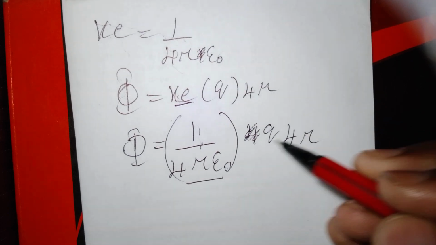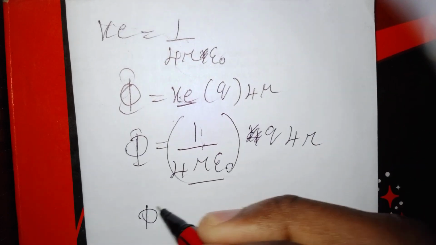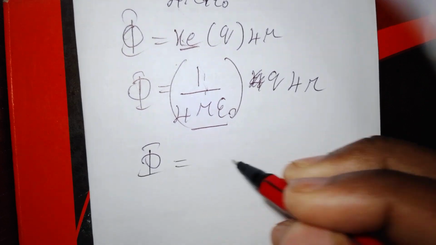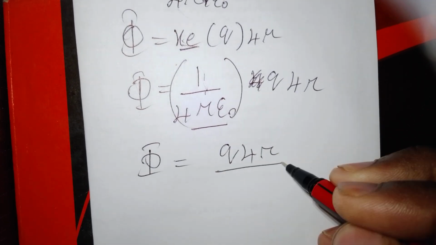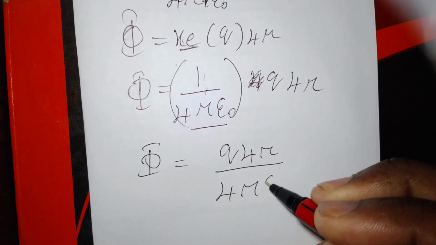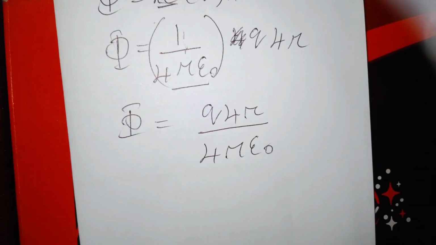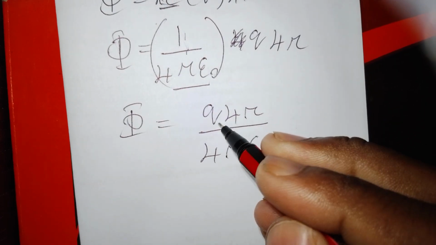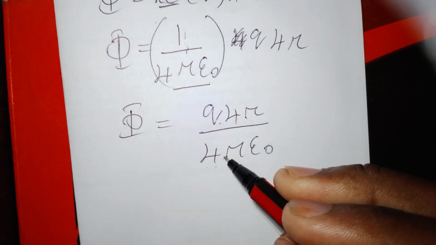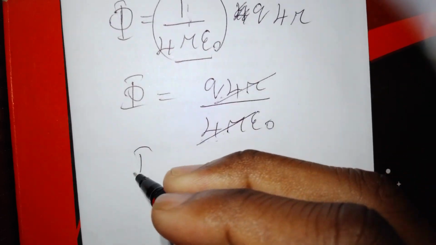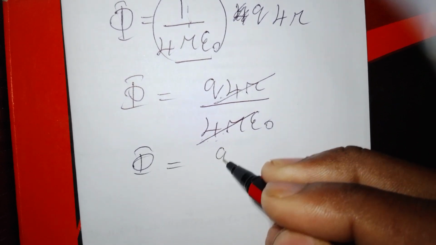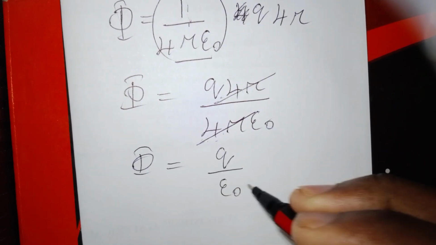So let's just multiply this together. The electric flux will be equal to Q 4 pi divided by 4 pi epsilon naught. As we may see, we can actually cancel out the 4 pi and the 4 pi. So this will go, that will go, and finally we have our answer, which is Q divided by epsilon naught.